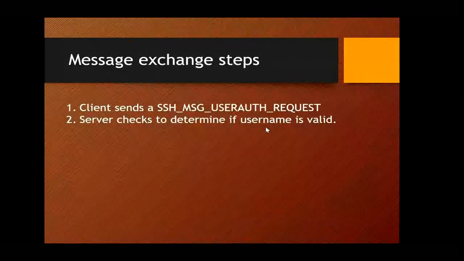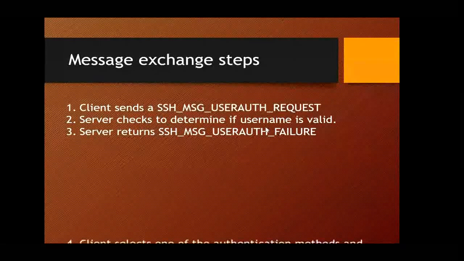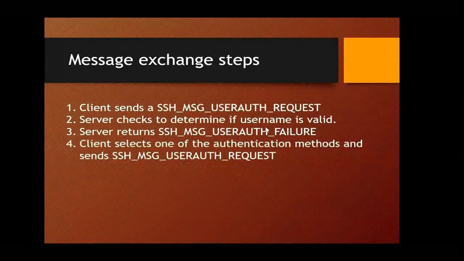If the username is valid, the server will proceed to step 3. In step 3, the server will return a user authentication failure with a list of one or more authentication methods to be used. In step 4, the client will select one of the acceptable authentication methods and it will send an SSH message user authentication request with that method name and the required method specific fields.